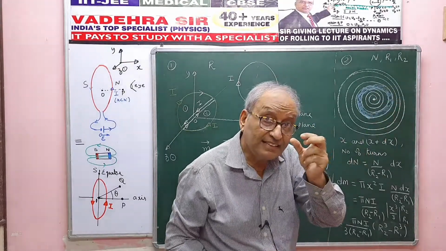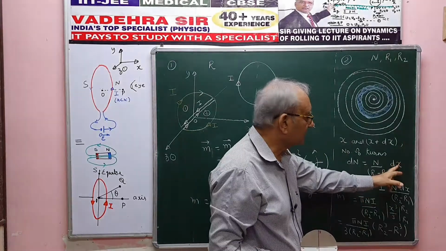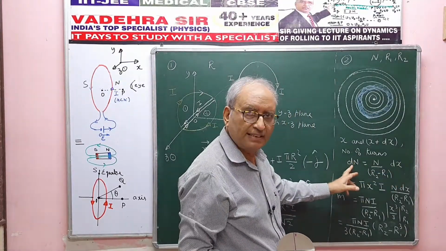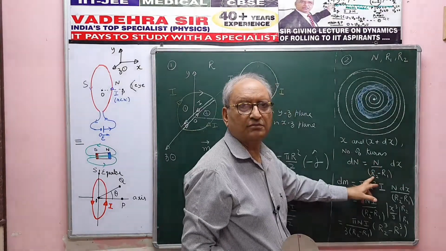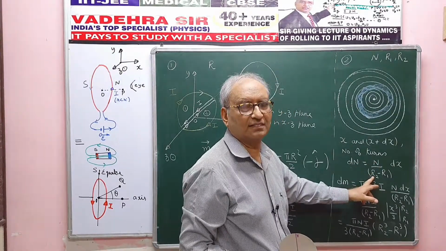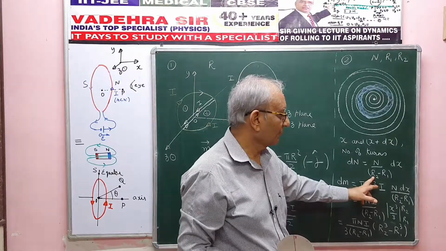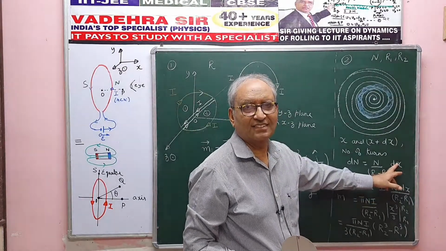So within this dx, the number of turns are dn. So dn will be the number of turns divided by r2 minus r1, where the total number of turns are over a distance r2 minus r1, multiplied by dx.